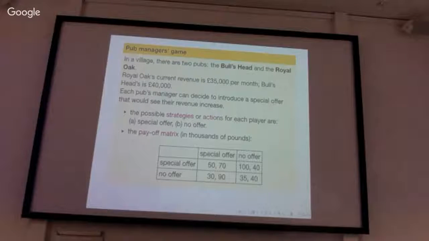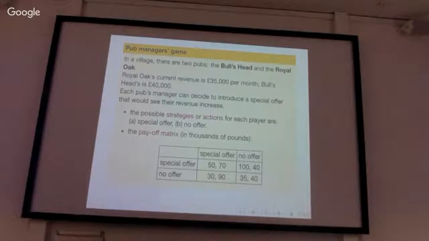So this is not a zero-sum game. I don't think it is. But that's not the main question. If you look at the matrix, there are a couple of problems here. One of them is this profile of both special offers.